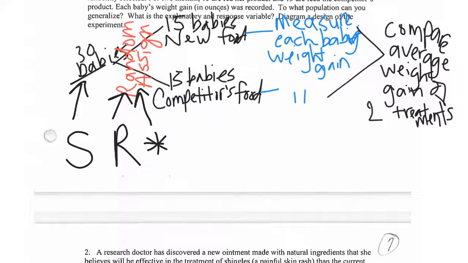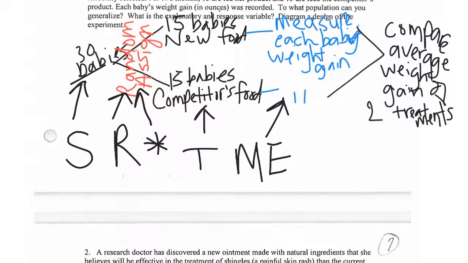Okay. Now, how about this part with the new food and the competitor's food? What part of the song is that? Very good. Treatments. State your treatments very well. And then what's this part here? That's the ME. Measure each subject's response to them. So you would say, measure each baby's weight gain.